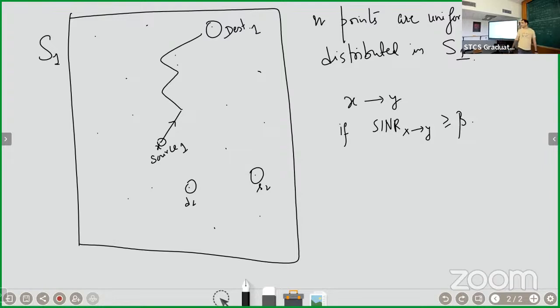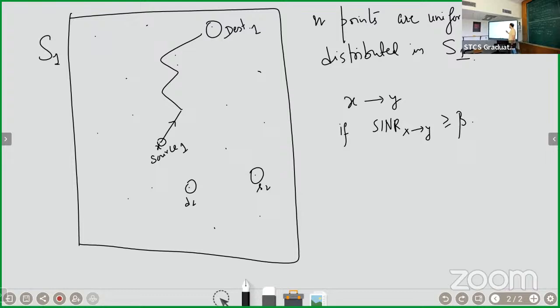So what are we trying to find? At the same time, essentially think of 1 hertz of bandwidth, because otherwise you can always multiply with the bandwidth. So bits per second per hertz. Think of the same time, the same frequency, how many bits I can push through this network is what I'm interested in. And an edge exists between two nodes only if SIR between them is greater than beta.